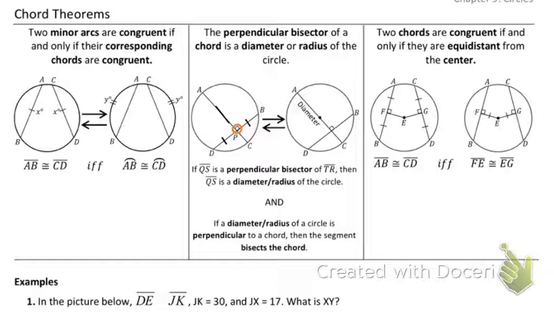So if I see this, I'm going to put the tick marks on here. In fact, that's how I started this one, so I already helped you out. This is a radius, just like a diameter, it goes from the center. It formed a 90-degree angle, so that automatically means it bisects this chord.